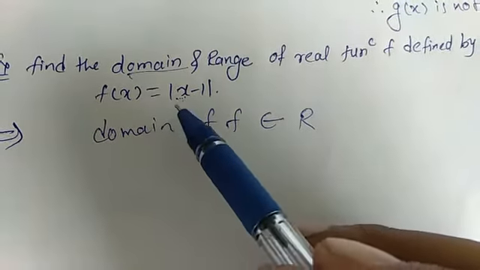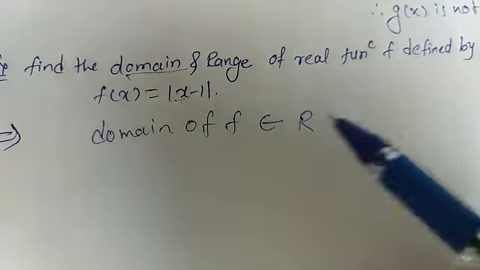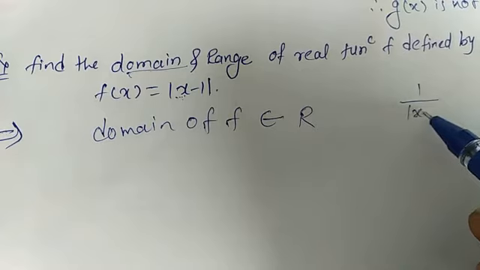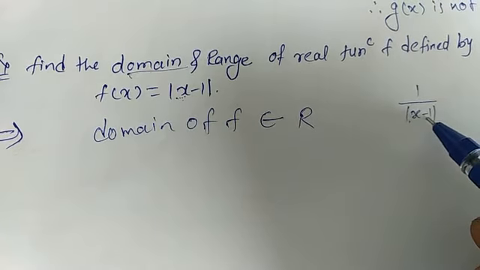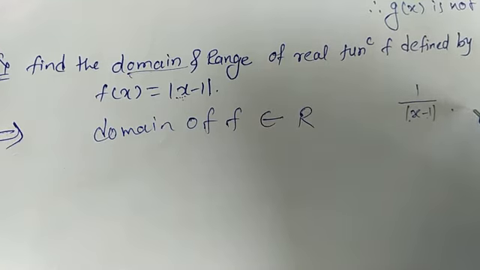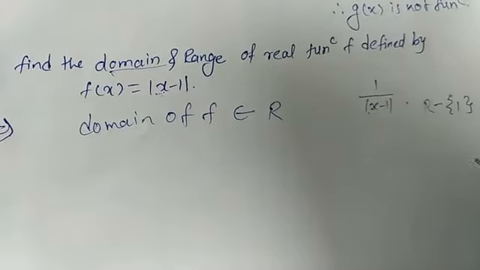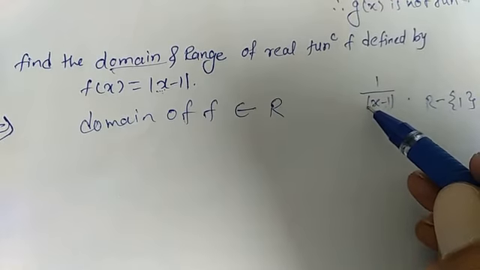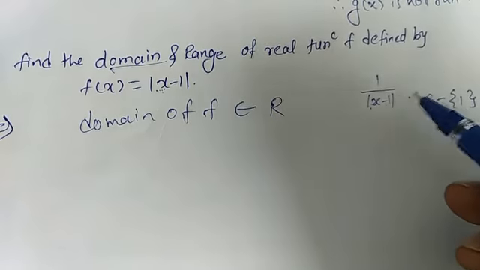Okay, here it is in numerator form. If it is in denominator form, if we check the value for 1 upon mod of x minus 1, we will see that for x equal to 1 it is 0. So 1 upon 0 is not defined. So we have to take the domain as R minus 1. For x equal to minus 1 it is minus 2, and mod of minus 2 is plus 2.